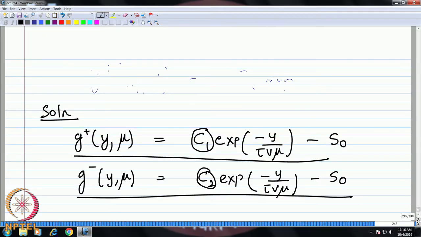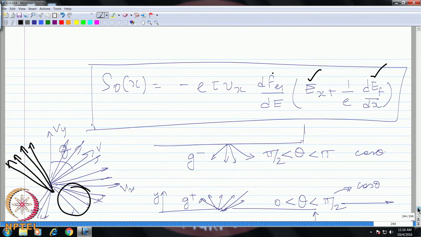Okay. So, if you apply the boundary condition at y equal to 0, what kind of a boundary condition can we apply? Now, that is the next important question. The one that I have described here is a case where you have a particular phonon or electron which is coming in a direction like this, for example, and this is getting scattered in so many different directions. Okay.